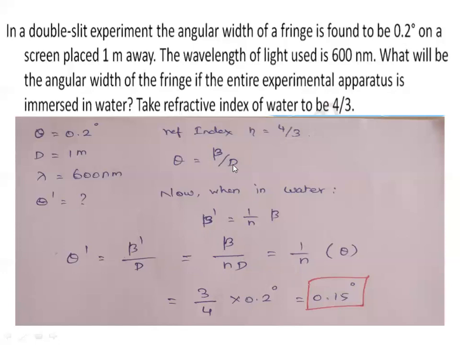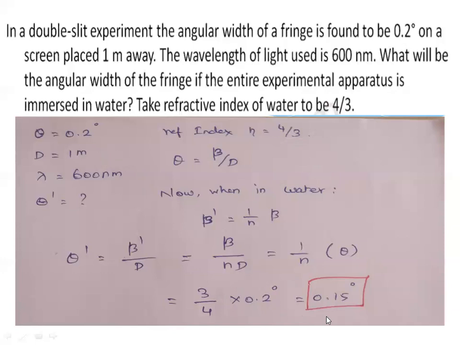Already we know that beta by d value is theta. So 1 by n into beta by d can be written as 1 by n into theta. 1 by n, where n is 4/3, means it is 3/4, the reciprocal of the value given here. So 3/4 into the theta value, which is already given as 0.2. 3/4 into 0.2, if you work it out, comes out to be 0.15 degree.